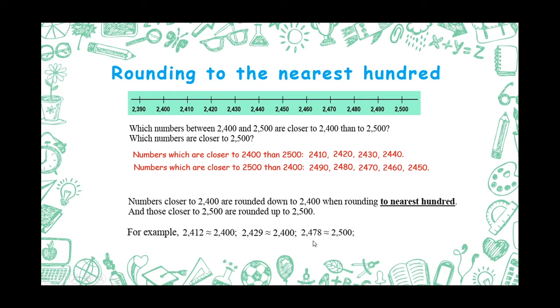Here we have 2,478, so that would be here, and you see it's much closer to 2,500, so we round up. And one more, 2,490 right here, very close to 2,500, so we round up.